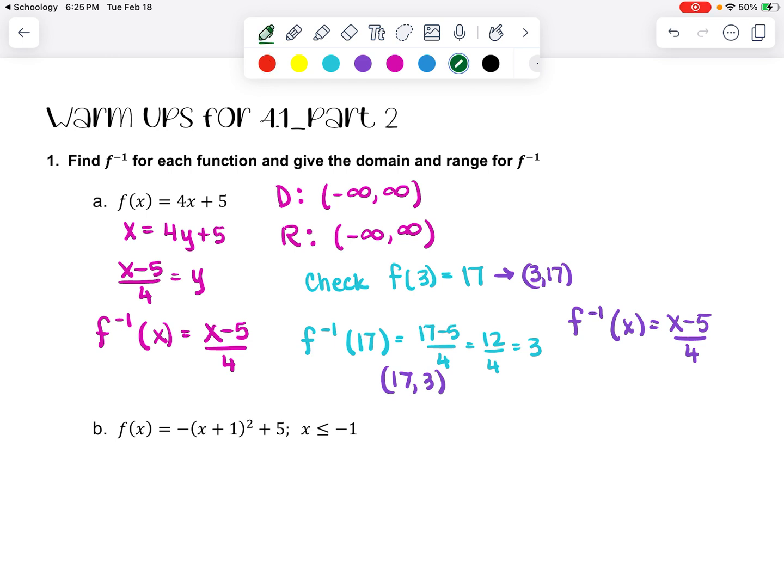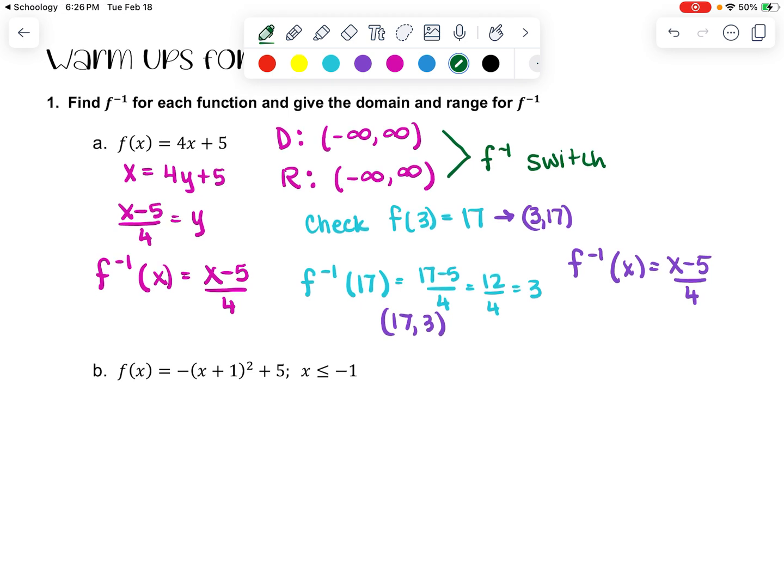But when you have your domain and range for your inverse, those will also switch. So it becomes more important when you get to a problem like B, and especially when you get to C. So here, my domain would still be negative infinity to infinity, and my range would also be negative infinity to infinity.